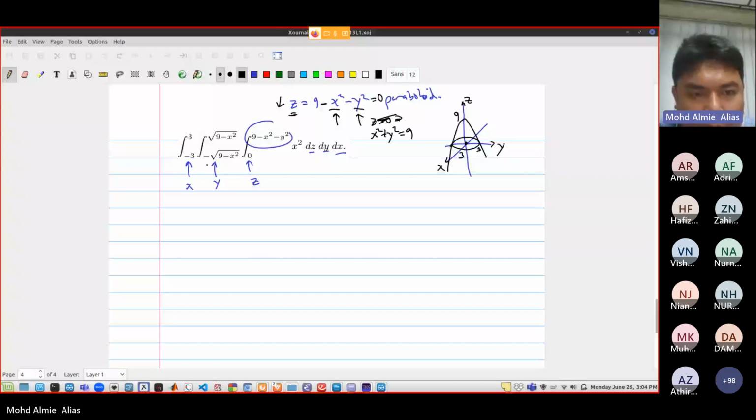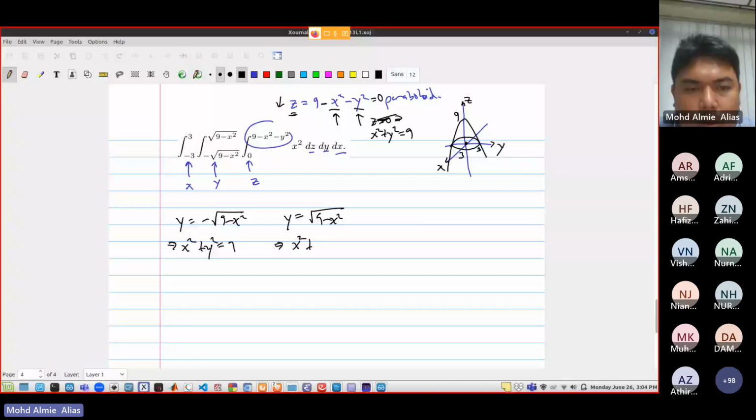So you can guess this is like a circle. You have y equals plus or minus the square root of 9 minus x squared, which means you have x squared plus y squared equals 9. Then you have the positive part, which gives you the same equation. So now you have a circle like this.